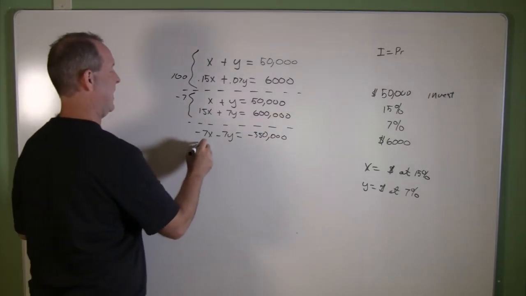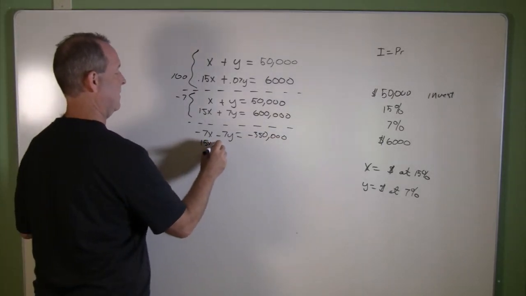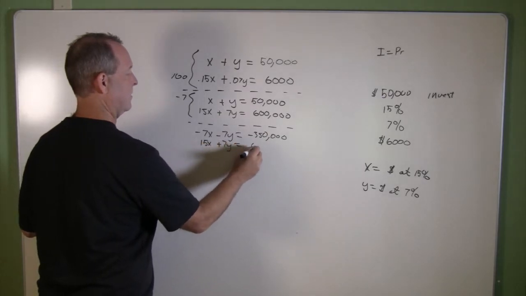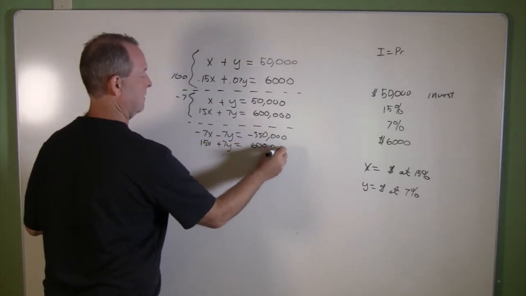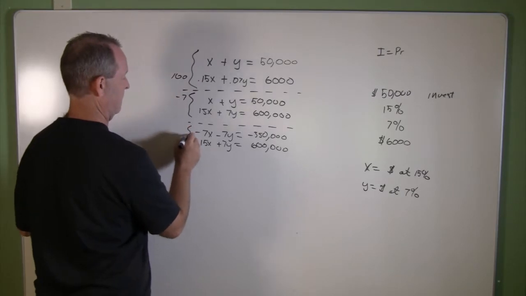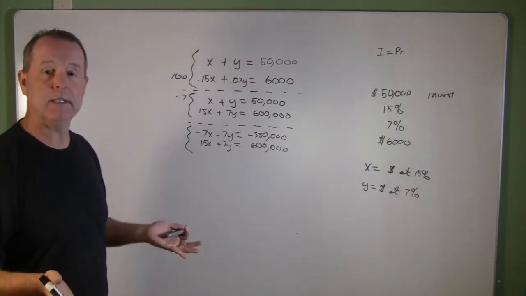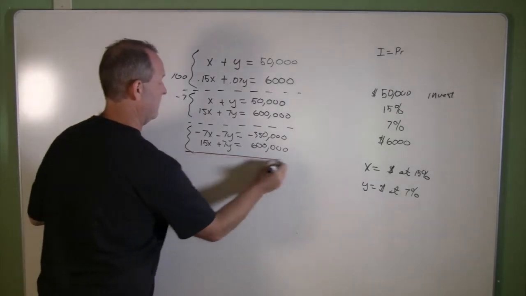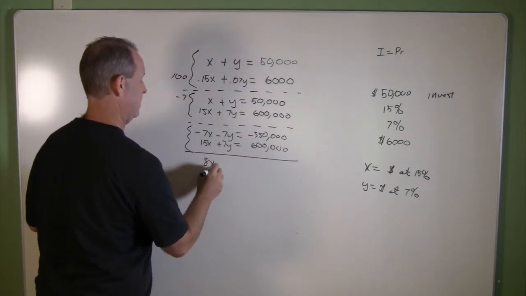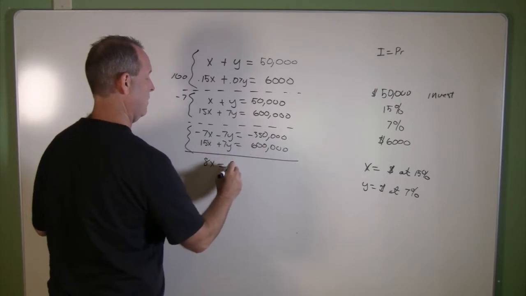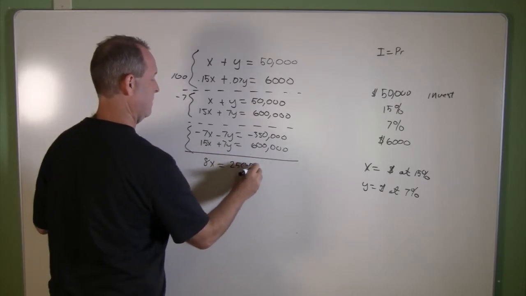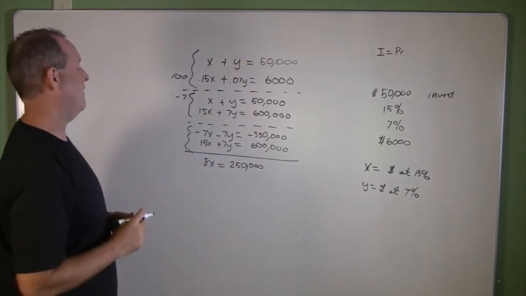The second one stays the same, 15x plus 7y equals 600,000. There's my third iteration of the system. Now I'm able to eliminate a term. So I have 8x equals 250,000.